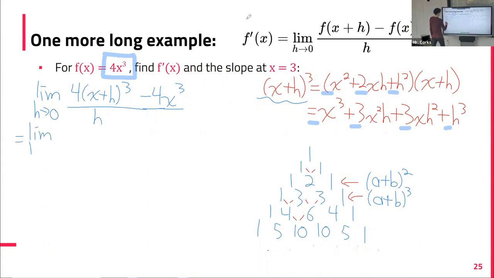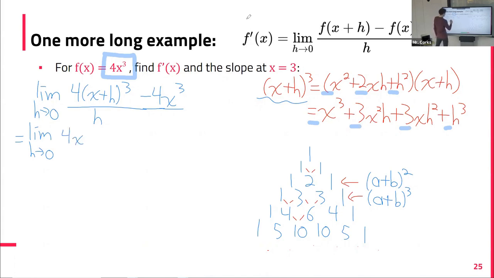So the limit as h approaches 0, and we did that expansion. That's here, and we have 4. I'll kind of leave the 4 separate, as you'll see. It will make sense in a moment.